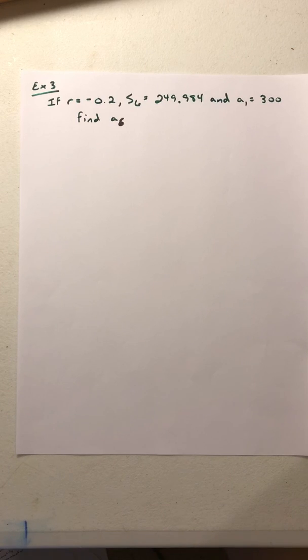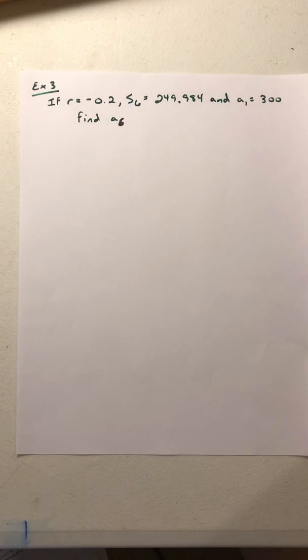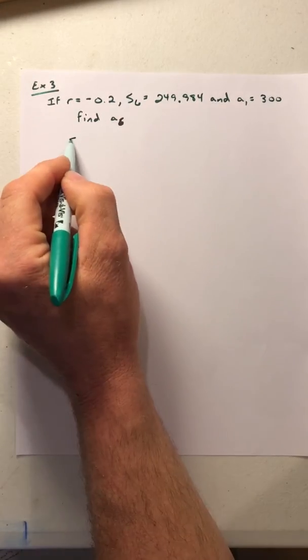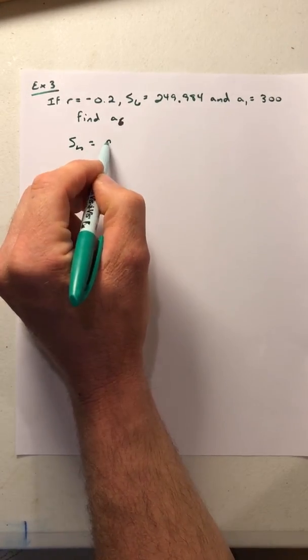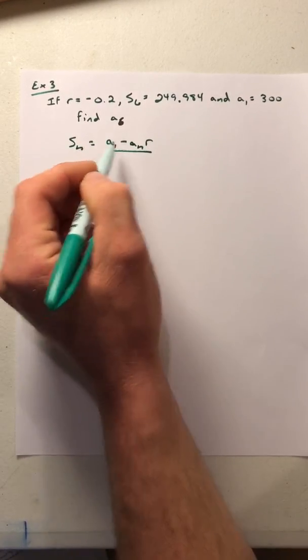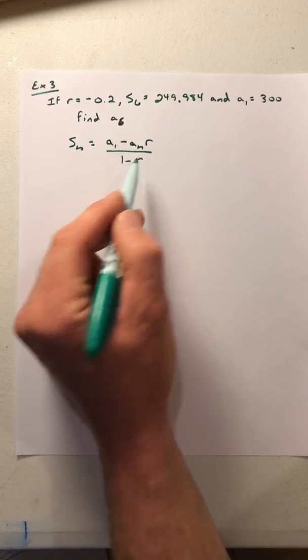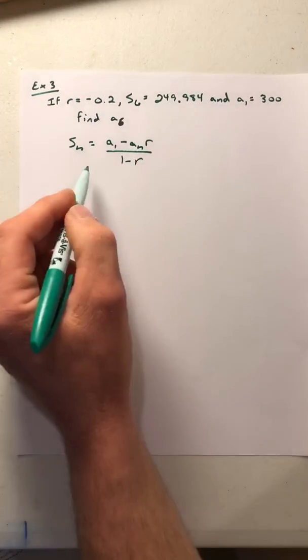Others of you may want to use the formula, so with this formula we can go ahead and find that as well. In this case, we're looking for a of 6. That's where we'd use the second equation. Remember that second equation for the sum? If we know the first term and the last term, it's a sub 1 minus a sub n times r over 1 minus r.